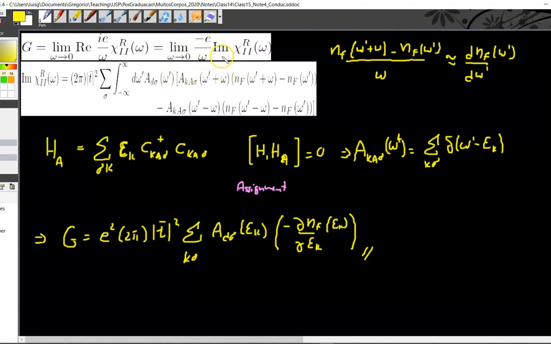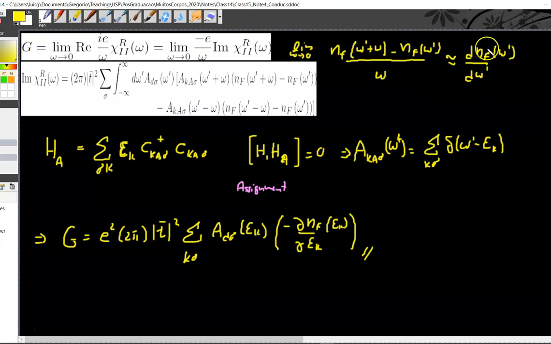So the first thing we want to notice is this. There's this difference nF of omega prime plus omega minus nF of omega prime, and there's going to be a 1 over omega multiplying here. So when we have this, this will become something like that. And we want to take the limit of omega going to 0. So in this limit it is like omega prime plus a delta, something very small, minus nF of omega prime, and the something very small is here.